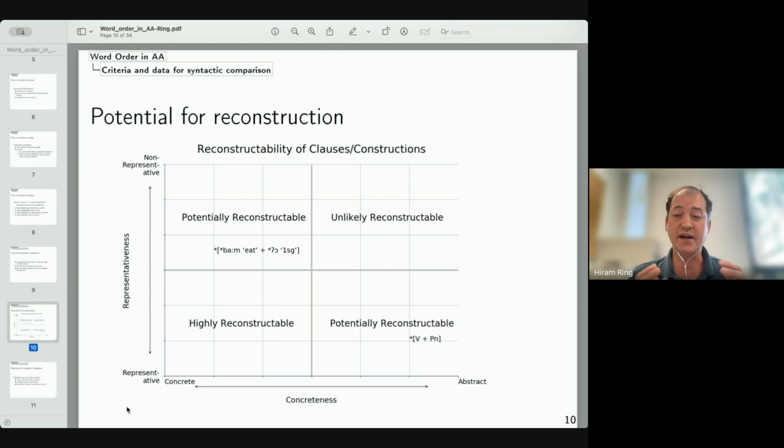Okay, so an example in the Khasian context would be the verb for eat is bam, and there's a first singular marker that we might reconstruct as o. If this combination of verb and subject, or verb and argument, occur in this particular order, then it's more likely to be reconstructable from the related languages to the proto-language.